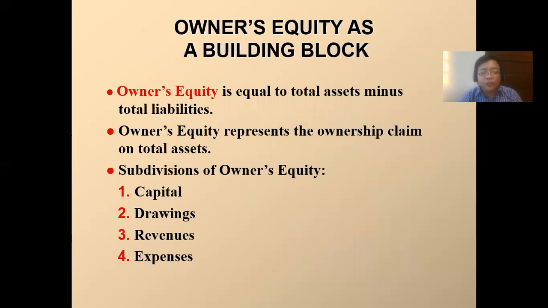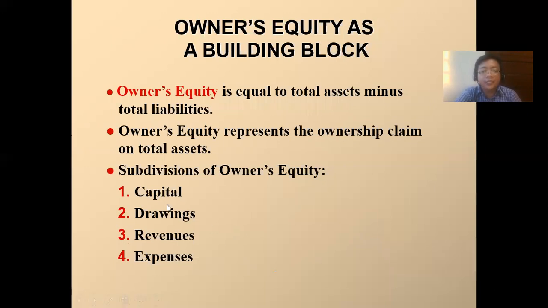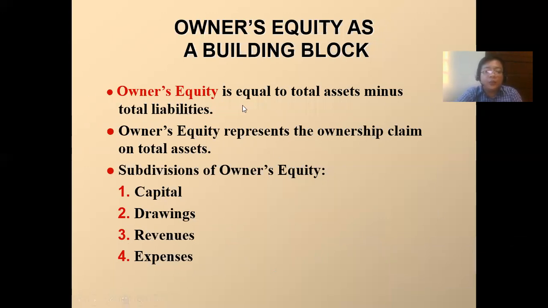You also have owner's equity. As discussed in part 2, we will use owner's equity as it is only owned by one owner, the sole proprietorship. Again, the formula is assets equals liabilities plus owner's equity. That's the equation. Very important also is that owner's equity equals assets minus liabilities.